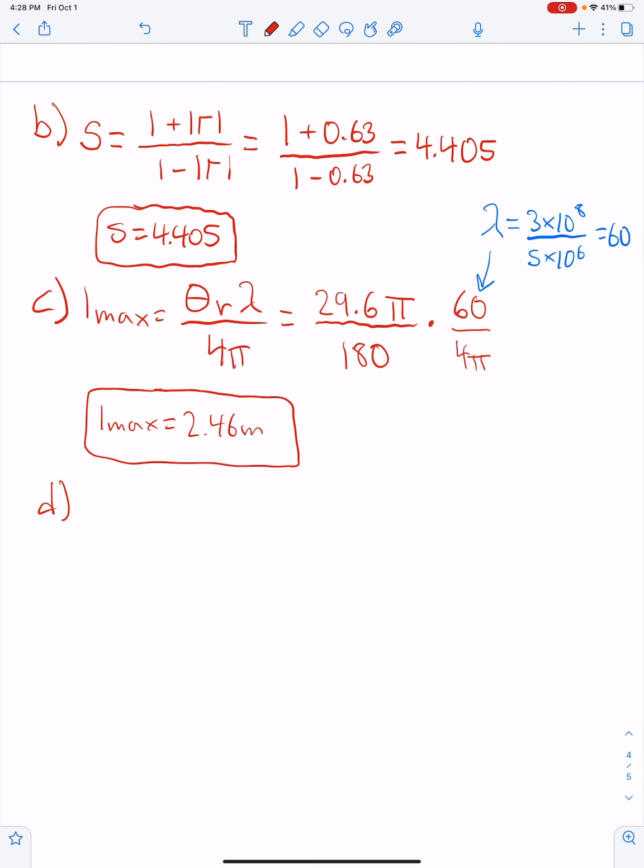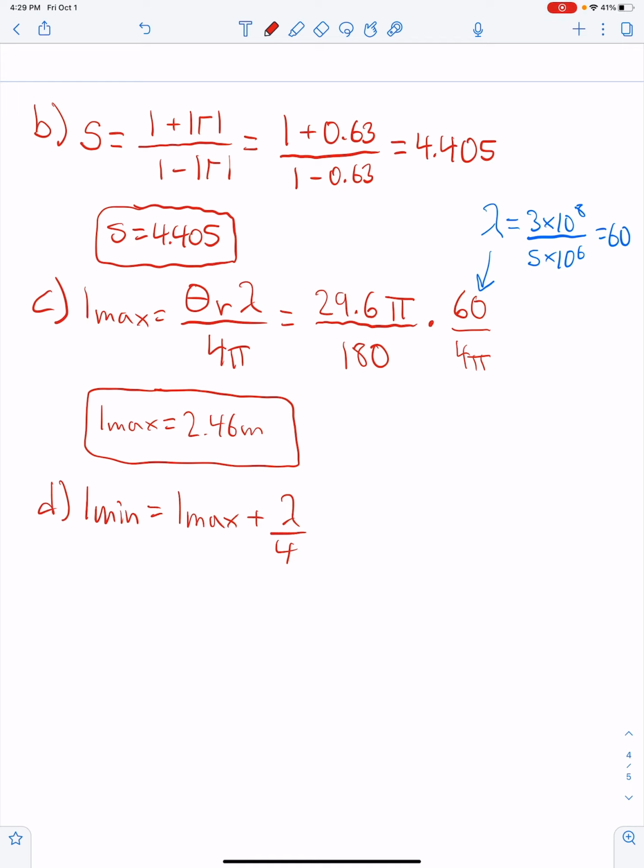Now, going on to our minimum length, which we can get from, since we know that the current maximum and voltage minimum are at the same locations, we can say that our L max is less than the wavelength divided by 4.